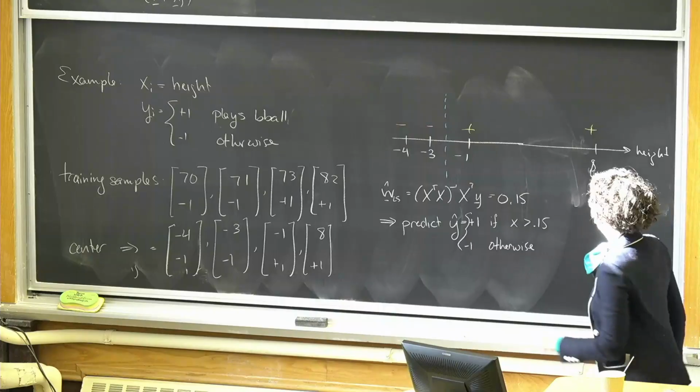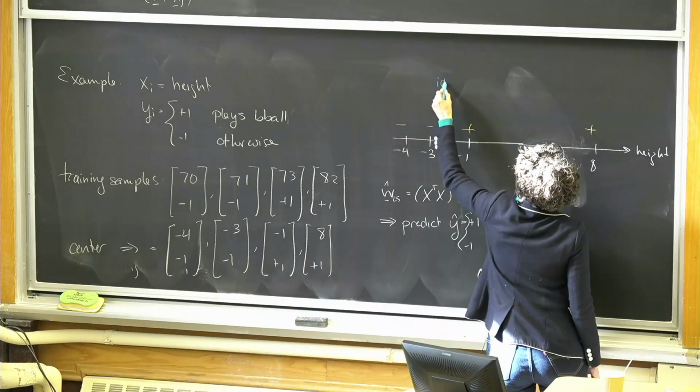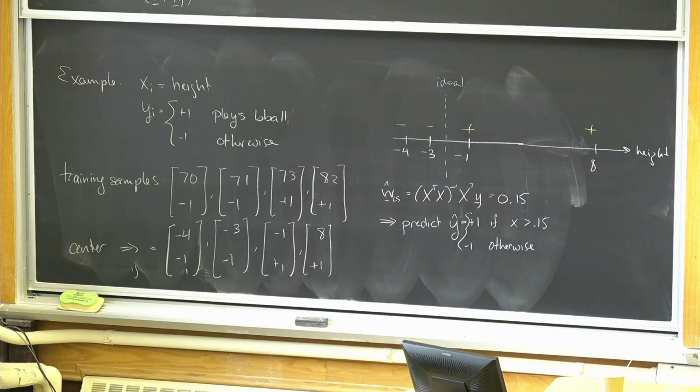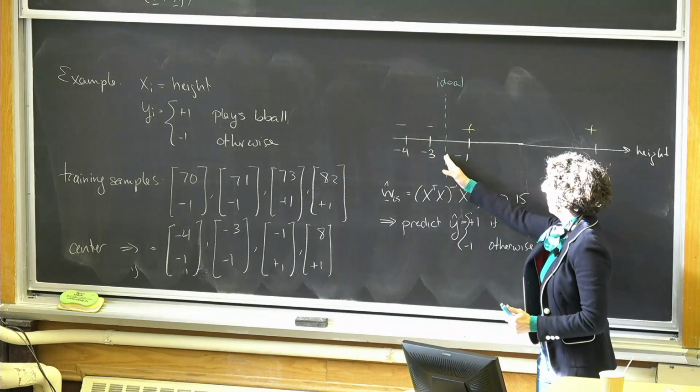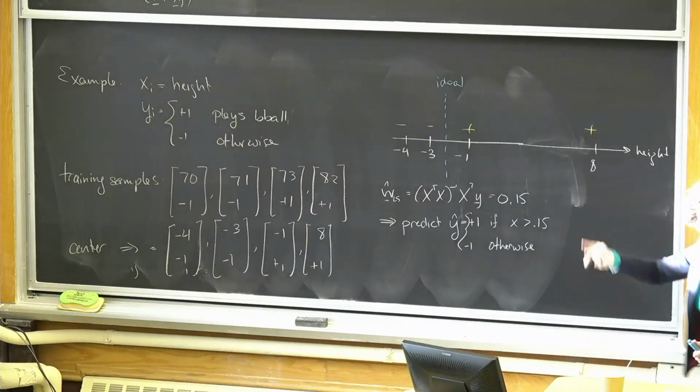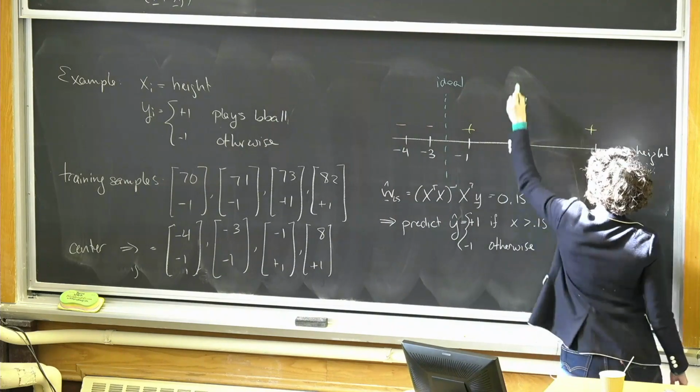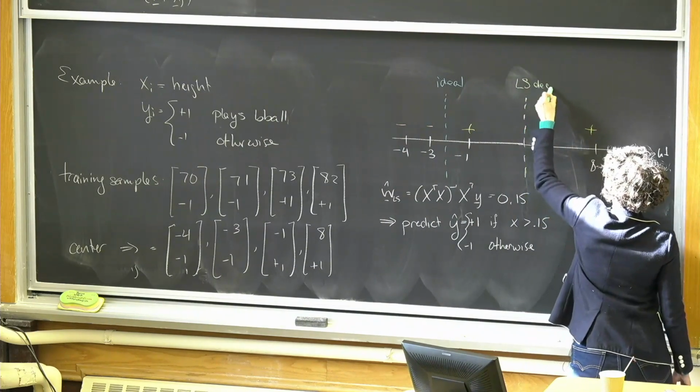So in blue here, we had this ideal decision boundary. If the person's height is -2 from the mean or taller, then we should predict positive, and that works perfectly on our training data. But the least squares classifier's decision boundary is here.